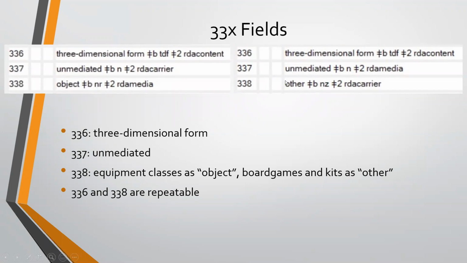And then for board games and kits and other things like that, you would put other. 336 and 338 are repeatable, and the RDA Registry does have, as well as Bibframe formats and standards and OCLC MARC 21 cataloging has good breakdowns for all of the different possible entries into these.